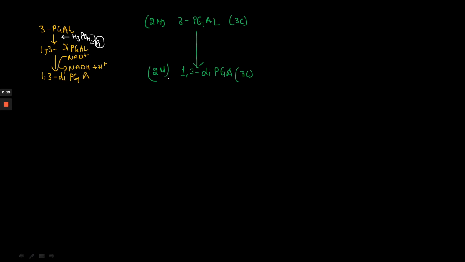And what is all happening here? Let us write it: a phosphate group is being added, which is coming from phosphoric acid, right? And also, since 2 molecules are present here, 2 molecules of phosphoric acid and also 2 molecules of NAD+ are getting converted into 2 molecules of NADH + H+.